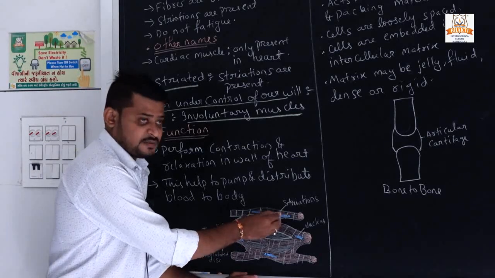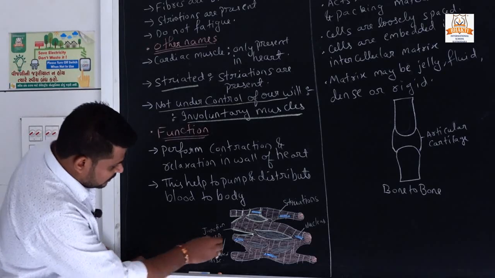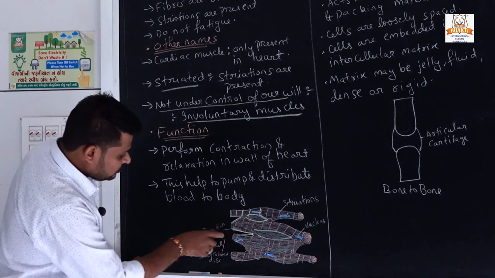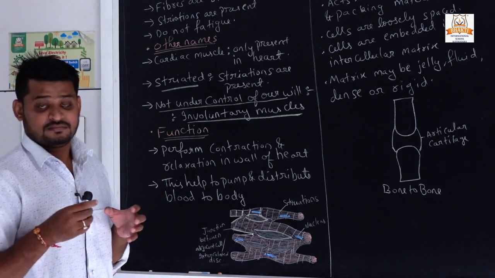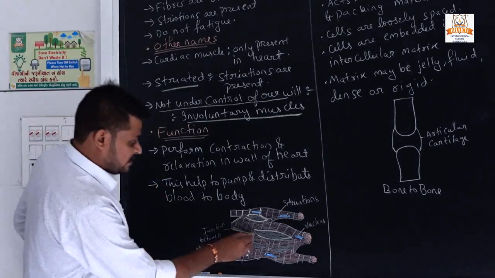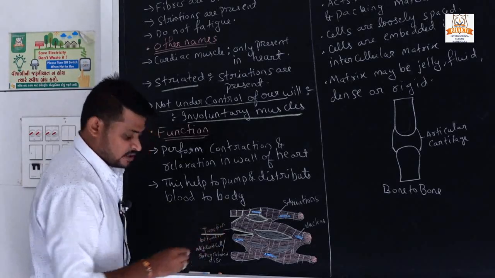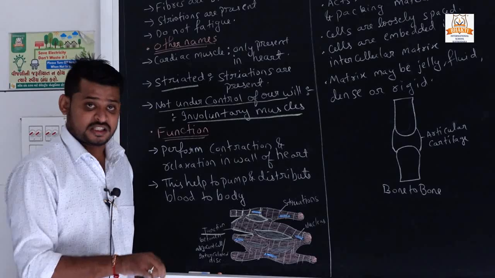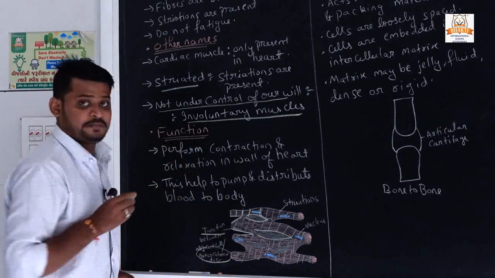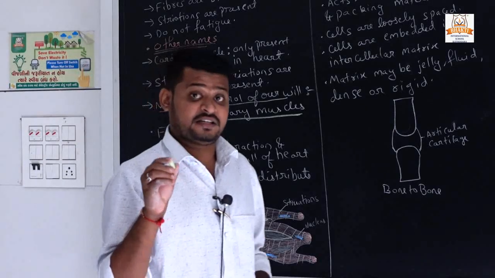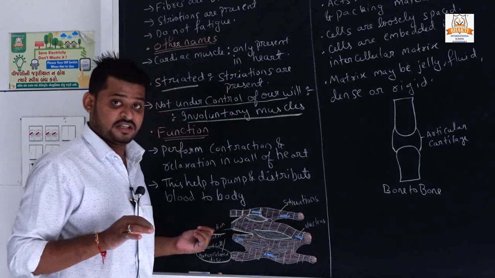These are the structures. This is the nucleus, and where two branches are joining is called a junction, and in the junction an intercalated disc is present. What is a junction?